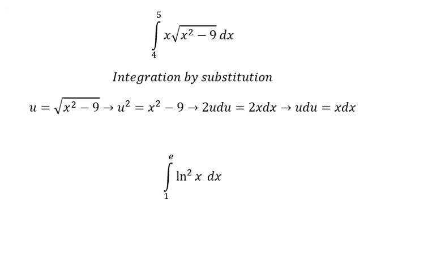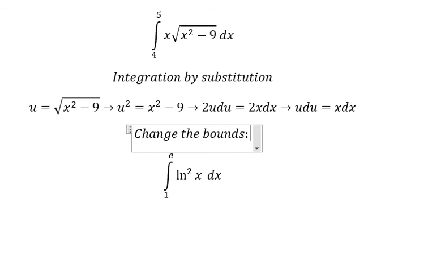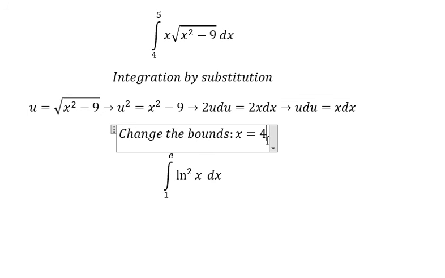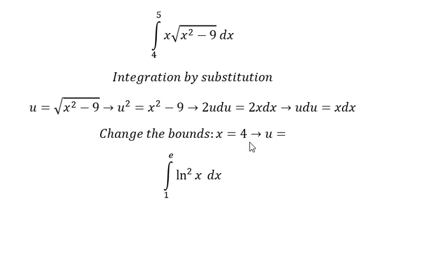Next, we need to change the bounds. When s equals number 4, I will put number 4 in here, and you get u equals the square root of number 7.